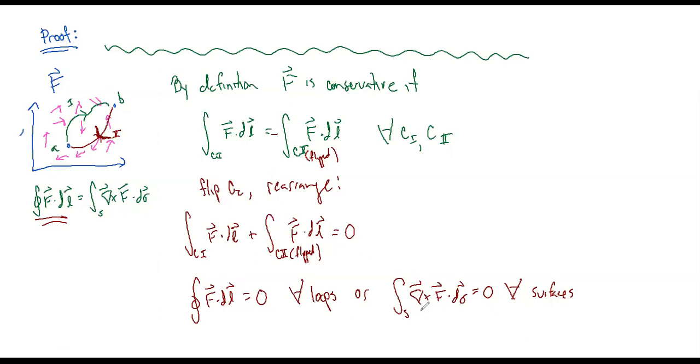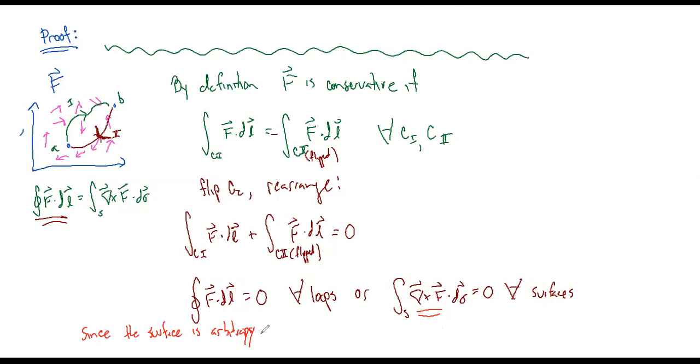So if an integral vanishes for every single possible arbitrary choice of limits, what must be true about the integrand, the thing inside of the integral? It has to be 0.